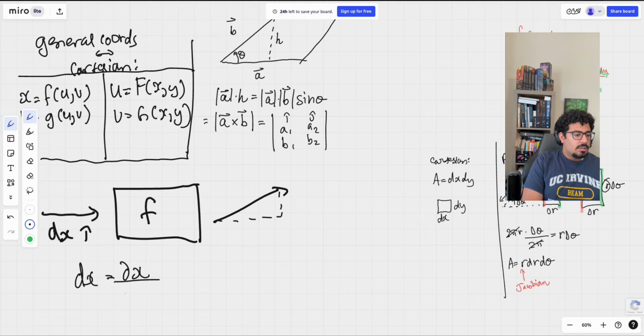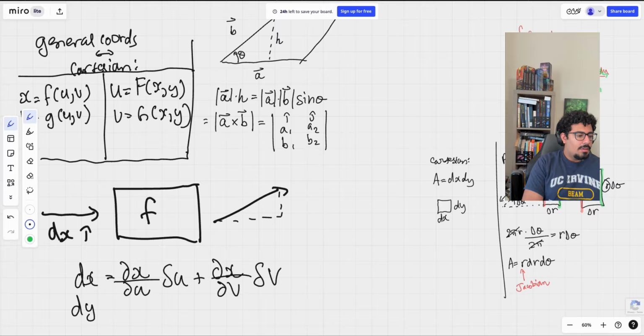So we have partial x partial u times delta u, and then partial x partial v times delta v. And in the same way, we can write dy: partial y partial u delta u, plus partial y partial v delta v.